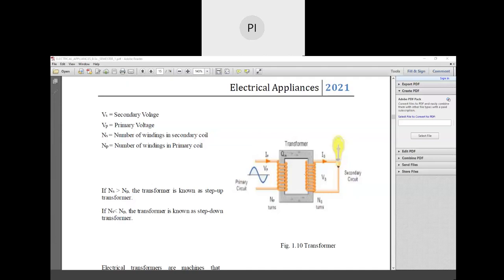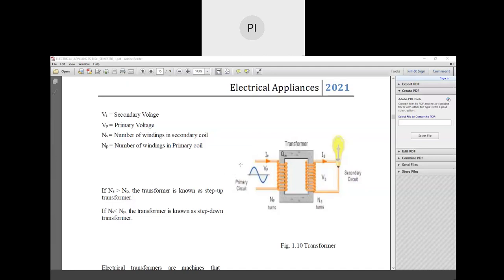If the number of turns in the secondary circuit is low, with Np representing the number of turns in the primary and Ns the number of turns in the secondary, and Ns is less than Np, then automatically the voltage decreases.